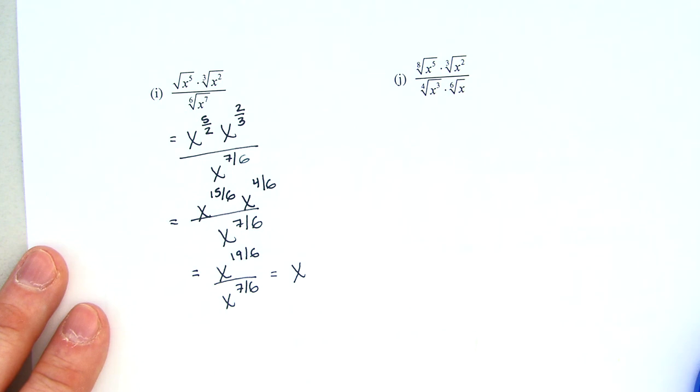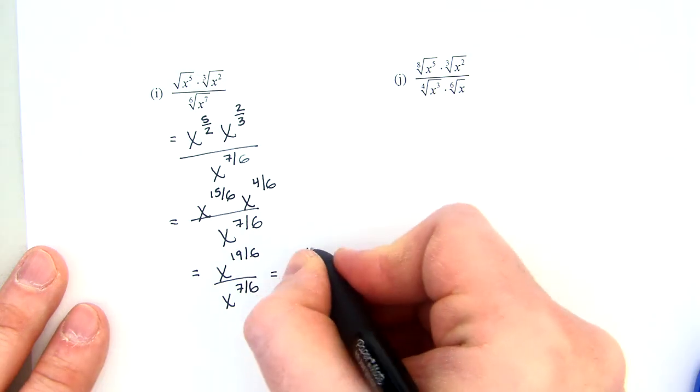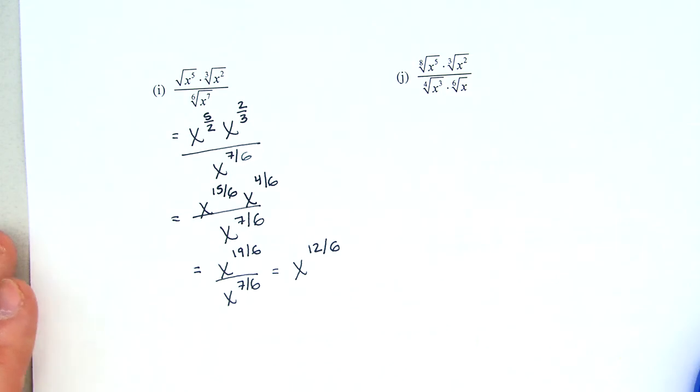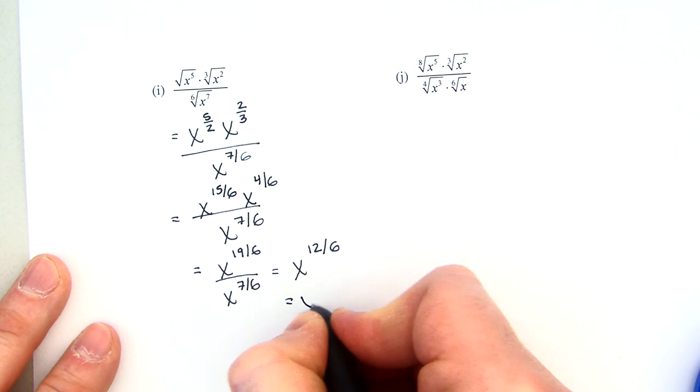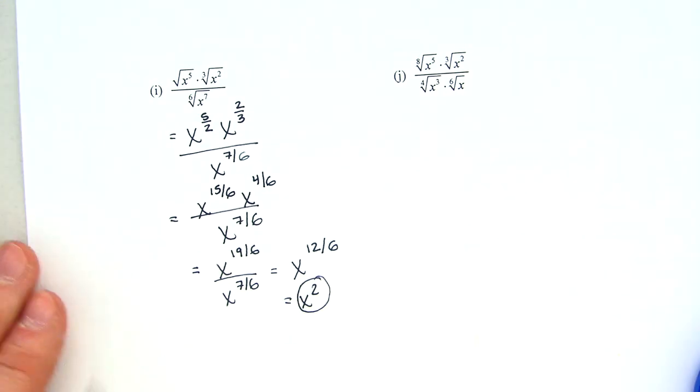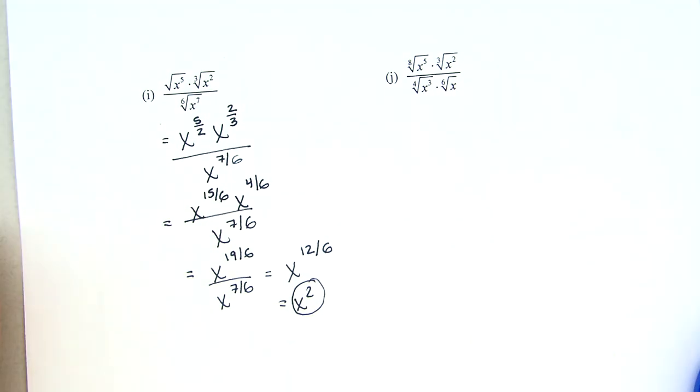Okay, what is it? Oh, wow. What's the answer? There's no roots. It's just x squared. 100% not obvious at all that this thing was going to be just x squared, but it kind of is.